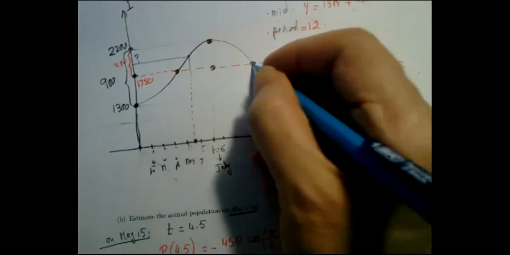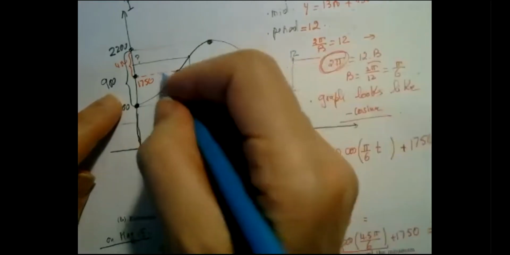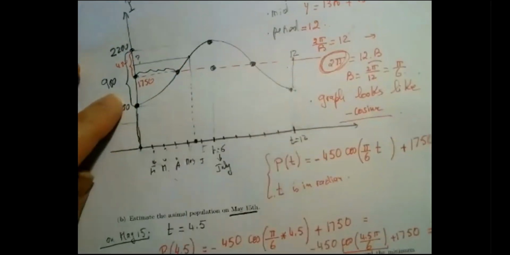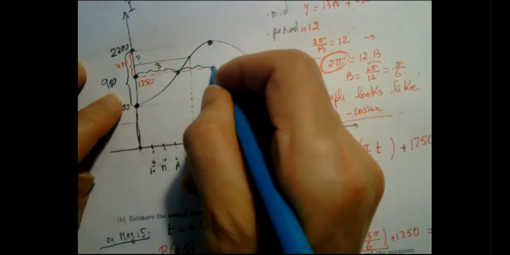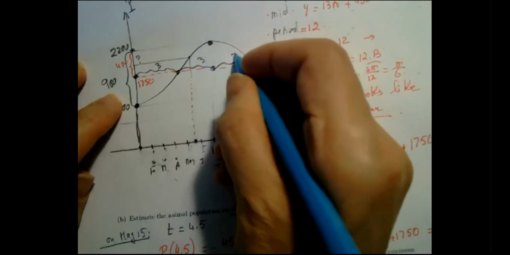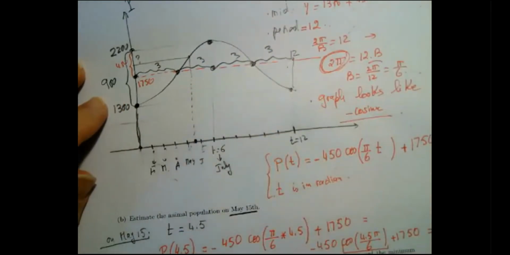If this is the period, this is 12 from here to here. So how much should we have from here to here? Yes, 3 units. From here to here, 3. And from here to here, 3. That's how it works.